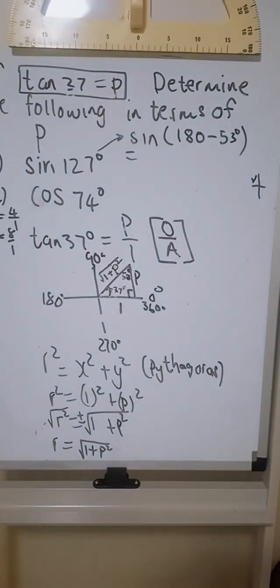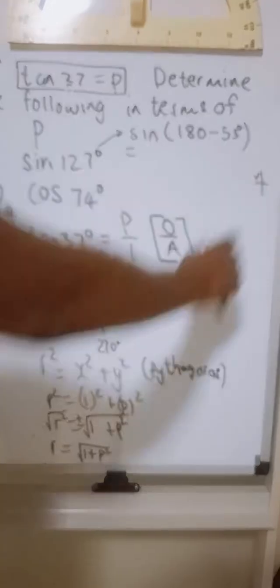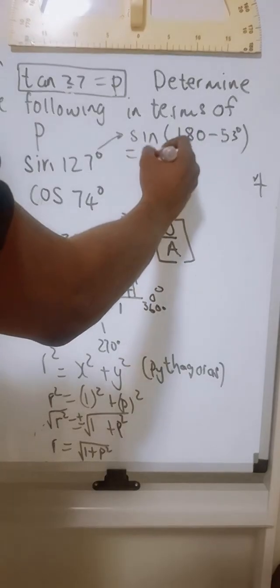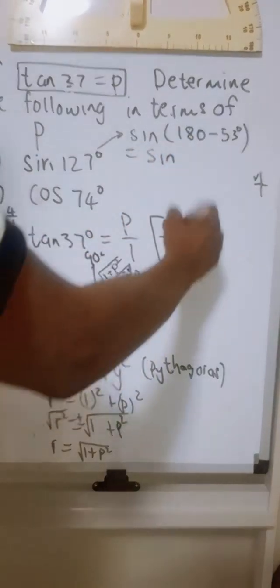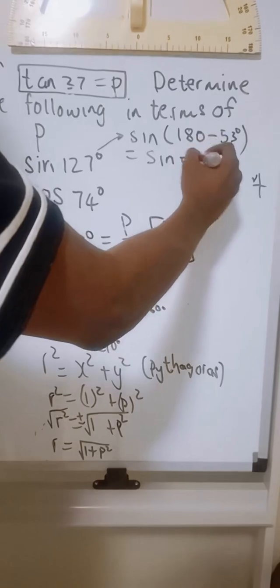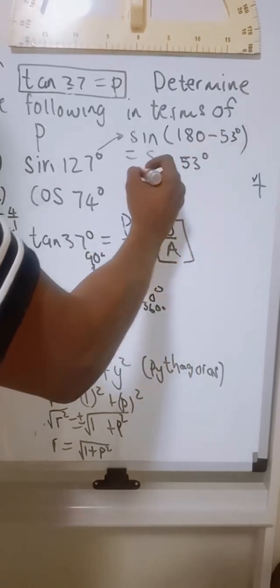That's the 180 minus quadrant. What's the sign of sine in the second quadrant? Sine is positive. So then sine 180 minus falls away. This is positive sine 53 degrees.